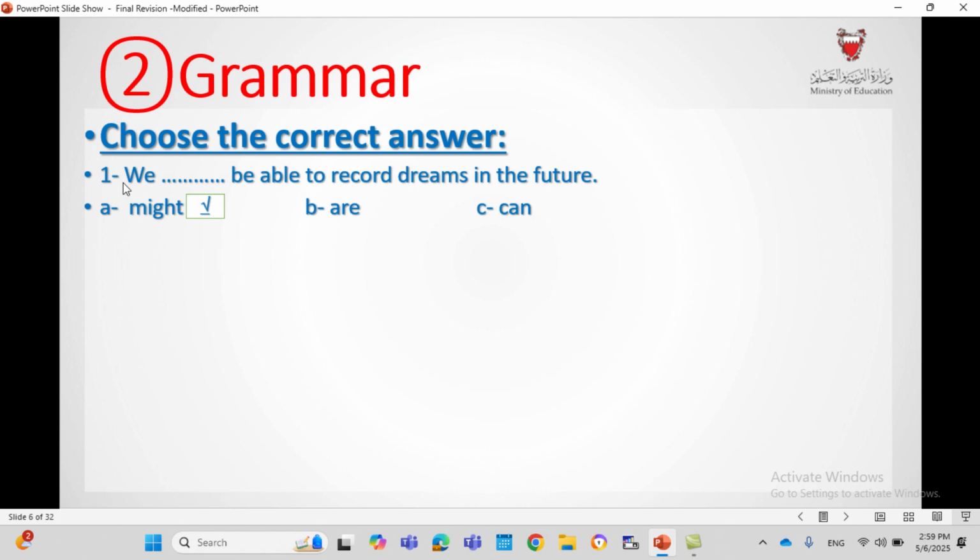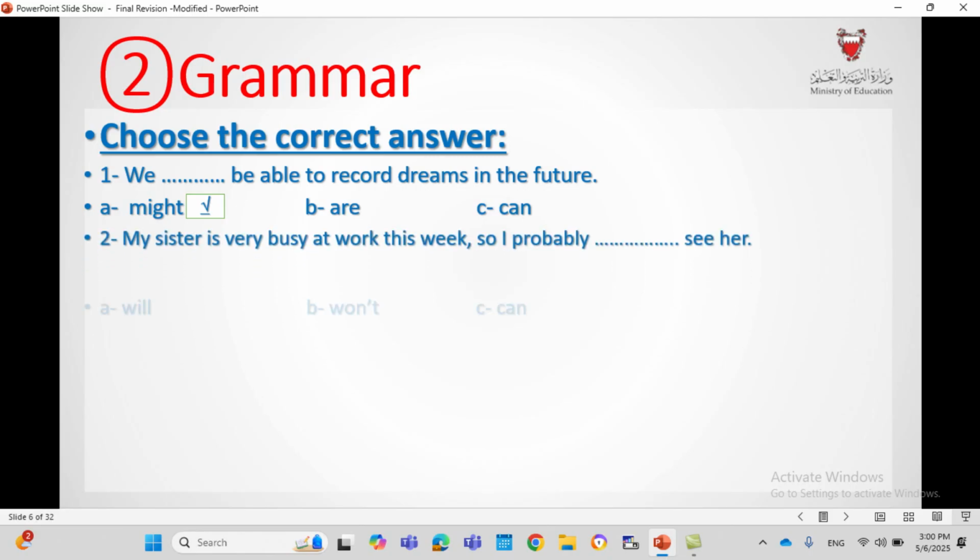As you know, we cannot say we are be. This is incorrect. And we cannot say we can be able, because can is the same as be able. So we cannot say can be able, because it is meaningless. So the right answer is might, which indicates possibility. We might be able to record dreams in the future.